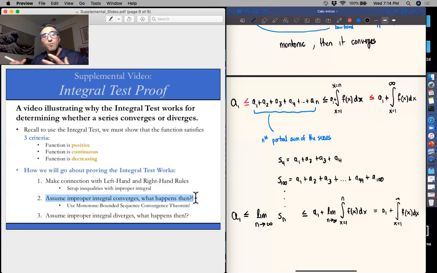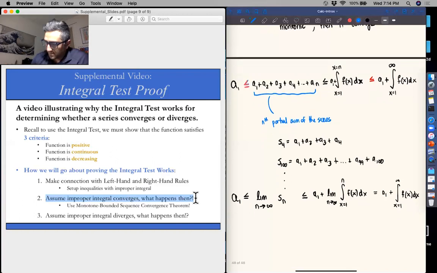So because of that, the sequence of partial sums converges. Therefore, the series itself must converge. I really mean the sequence Sn from n equals 1 to infinity of partial sums, so the original series must converge.